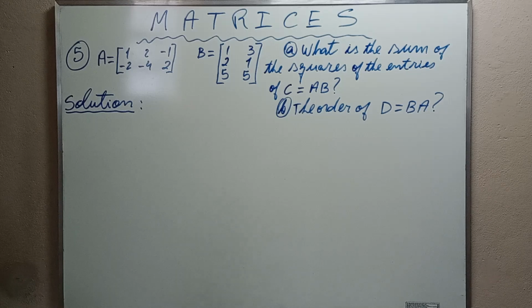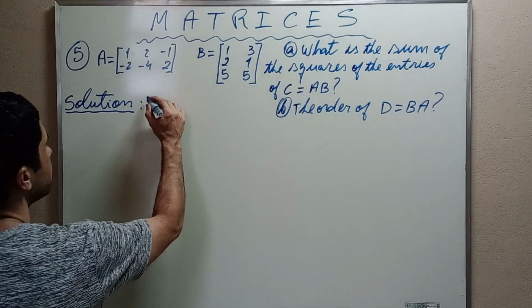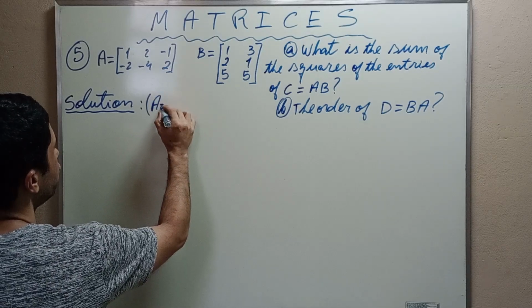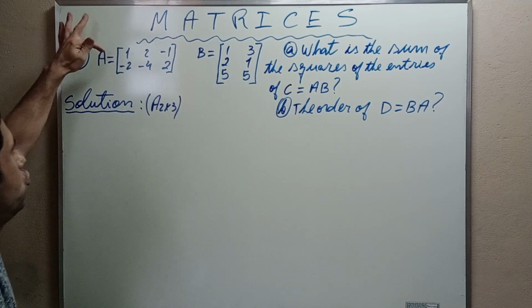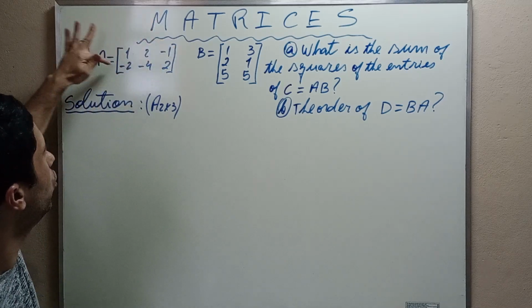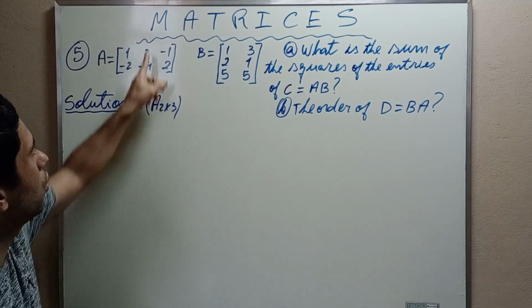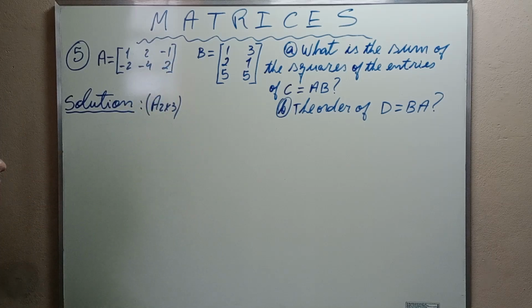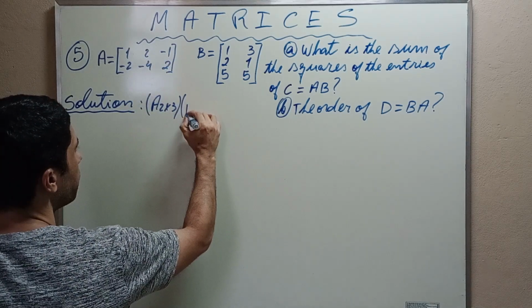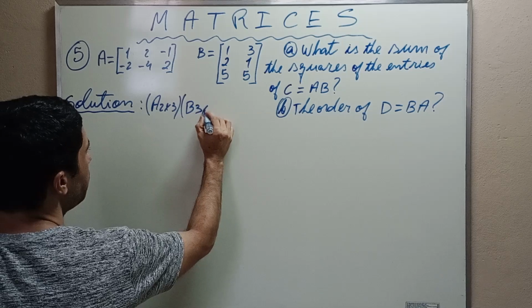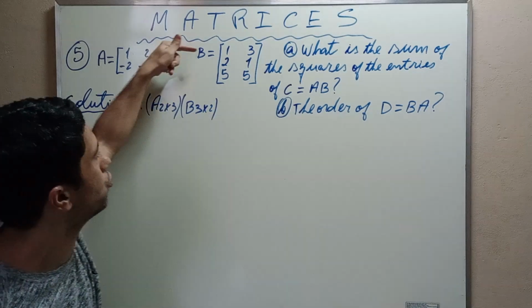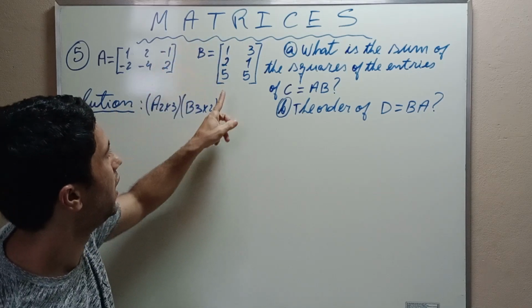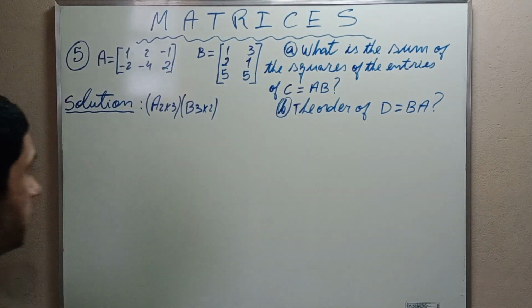Observe that A is a 2 by 3 matrix, which means that A has 2 rows and 3 columns. And observe that B is a 3 by 2 matrix, which means that B has 3 rows and 2 columns, okay?